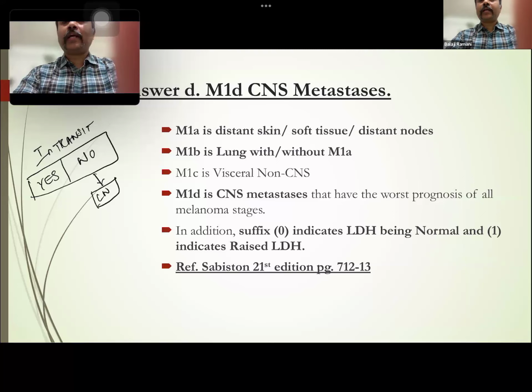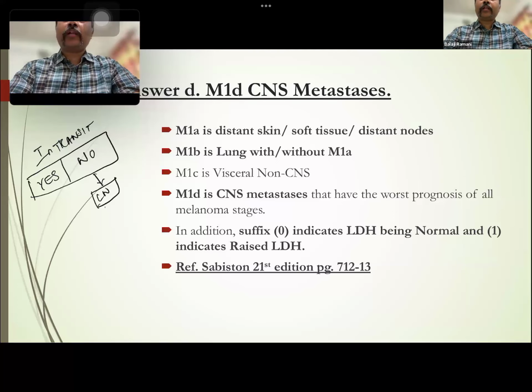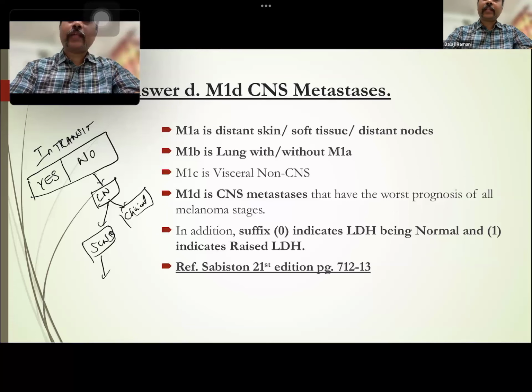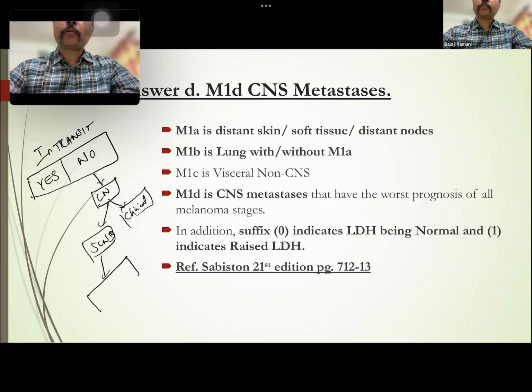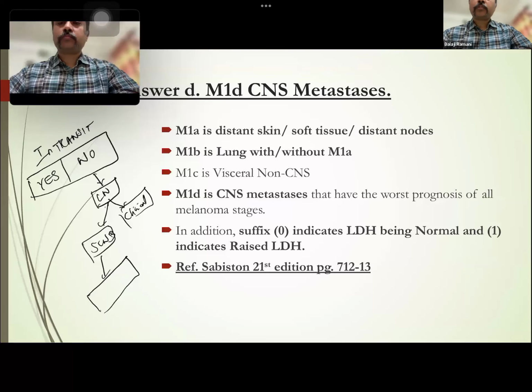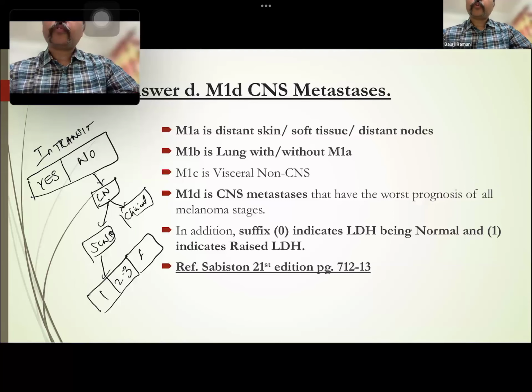If the in-transit metastases are not there, then it becomes either A or B. Then you look at lymph nodes, whether it is SLNB or whether it is going to be clinical. That is what you have to look at. So if it is only SLNB nodes, then you look at the number: 1, or 2 to 3, or 4 or more.